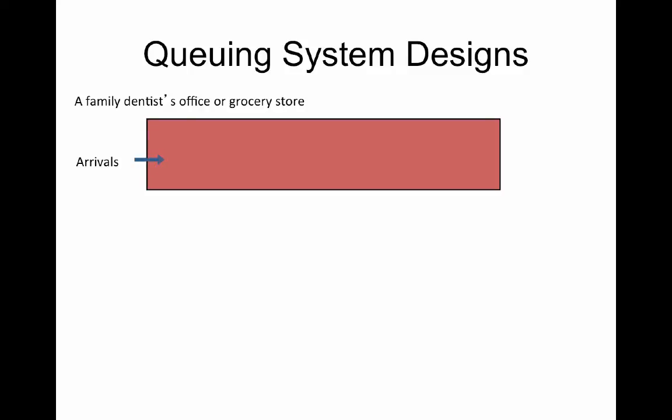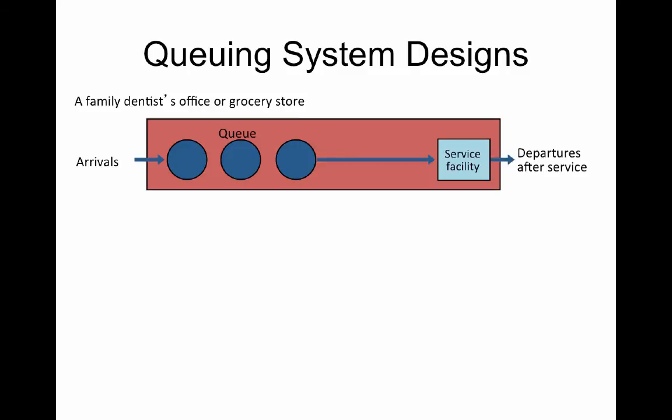So here I'm going to show a couple of examples of different types of queuing systems. You can have this top one here where a customer arrives and goes into a queue. Here is one person, here's another person ahead of them and another person. Ultimately, the person at the service facility will say next. That one will come up and be served and then departs.